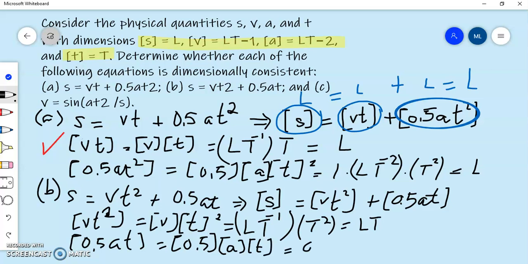So that's 1 times L T to the minus 2, multiplied by T. So that's L T to the minus 1.